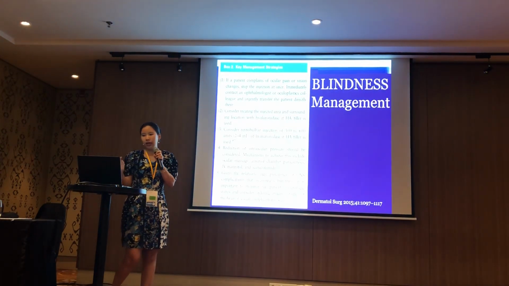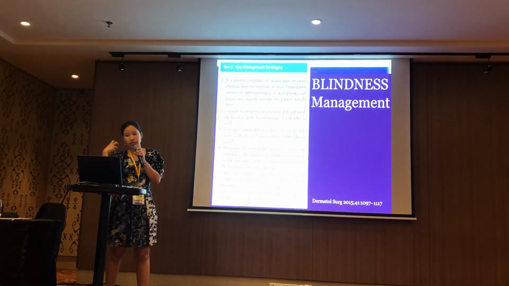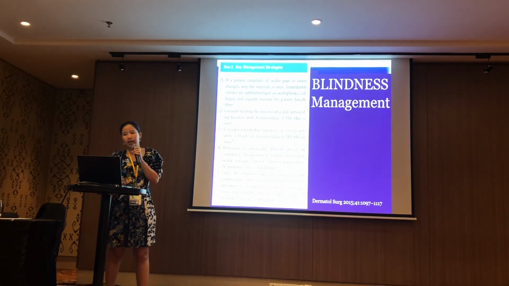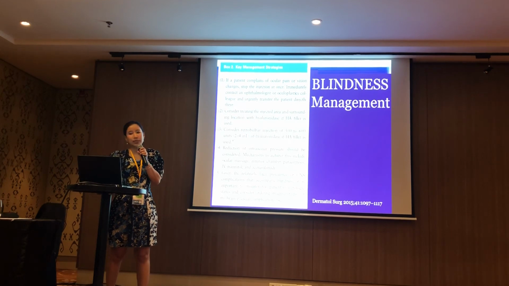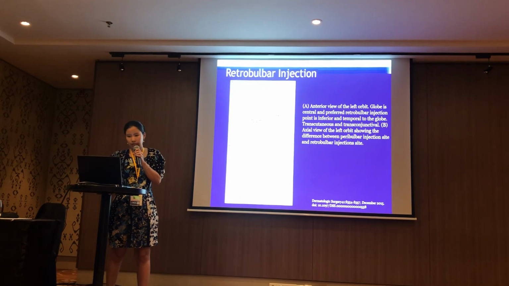So you have to inject gently and inject slowly. And this is the blindness management, you can take a picture. Just follow this. This is the best management strategy available today. You may do the removal by injection like this.